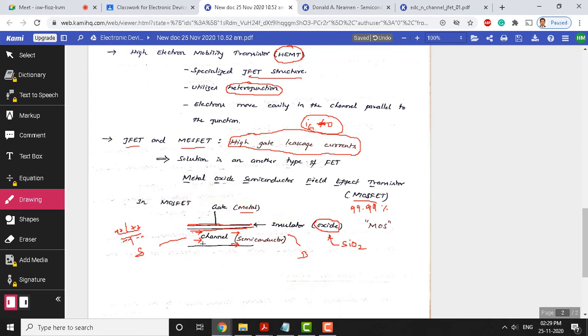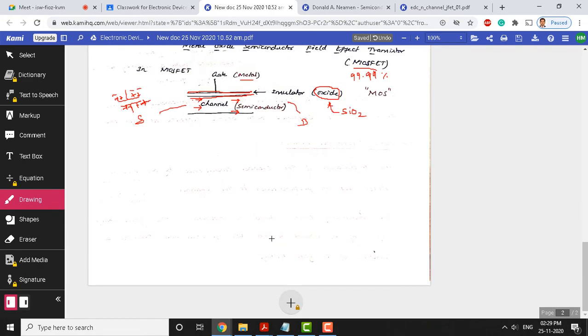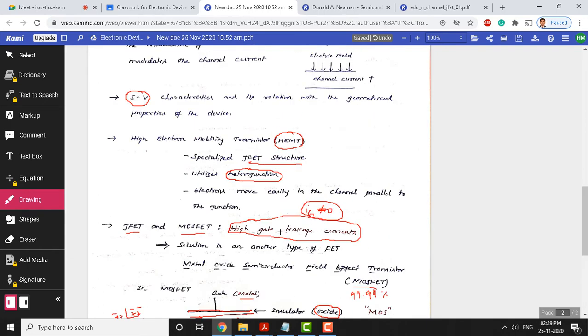And if you want to reduce the current here, then you need to apply a different voltage to the gate terminal. Applying negative voltage here induces positive charges in the channel, and it reduces the conductivity. Therefore, by varying the voltage between the gate and source, the current in the channel can be controlled here. Okay, so that's all about this introductory part.